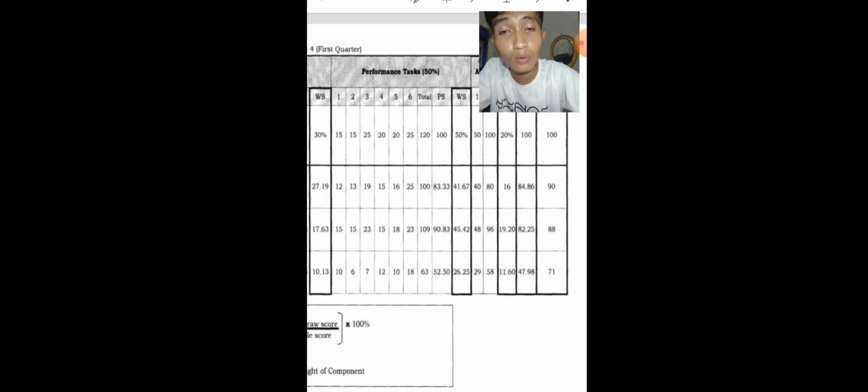Learner A got 100, so we divide it by the highest possible score, which is 120. So we got 0.83, or 0.833 rather.